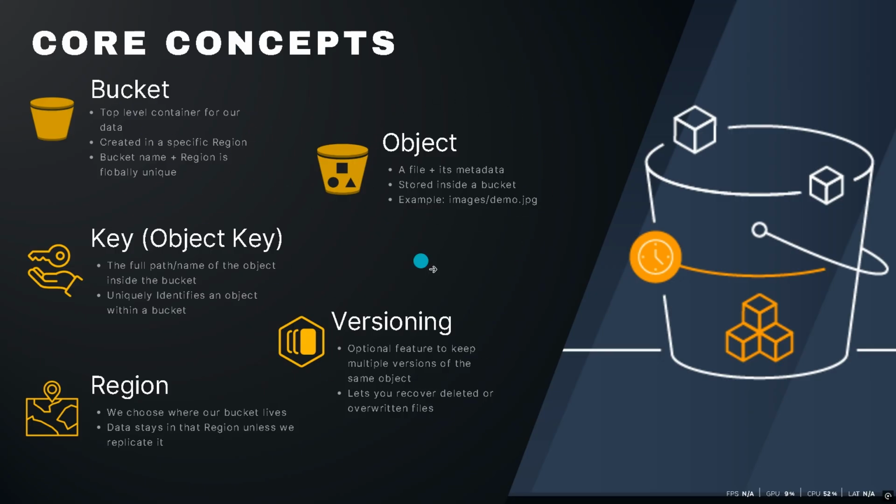Object is nothing but the data itself, like the file and its metadata. Let's consider an image or a CSV as an example. Say there is user data, and in it you store the data of each user.